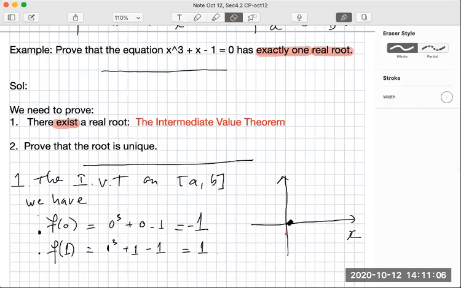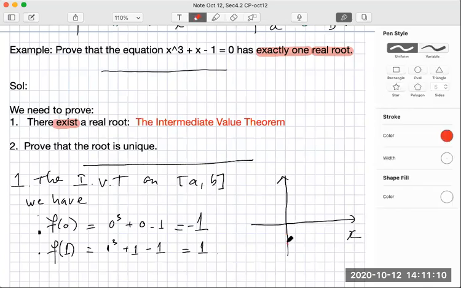The function here is a polynomial of degree 3, right?